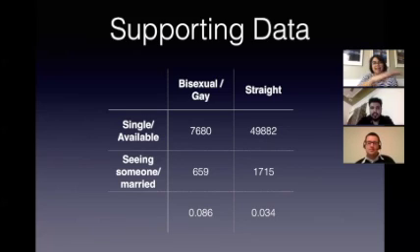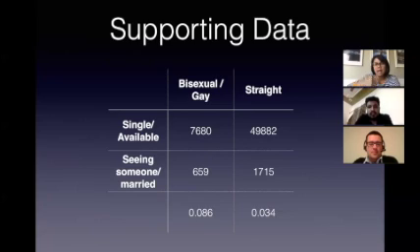So on the x-axis, I'm referring to the top now, I've categorized bisexual and gay under one group, comparing that group to site users who identify themselves as being straight. On the other hand, the status has been broken down into single and available, because I think they are the same kind of category, comparing that category to someone who filled out the survey as seeing someone or married.